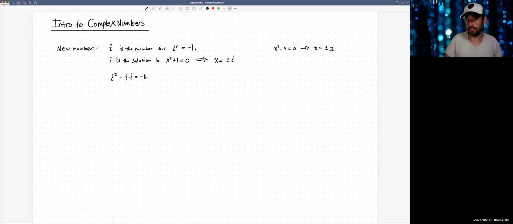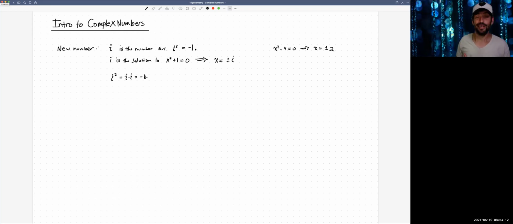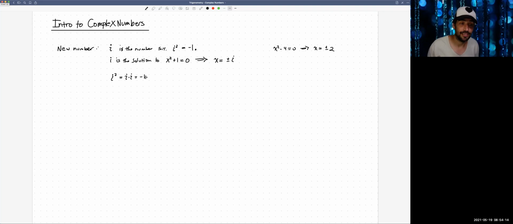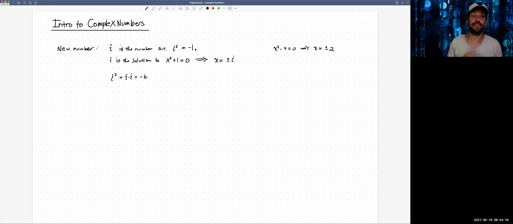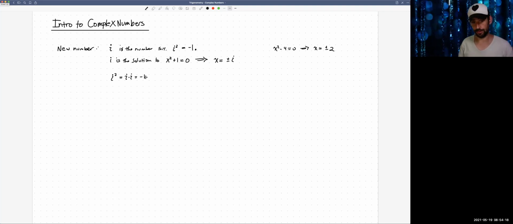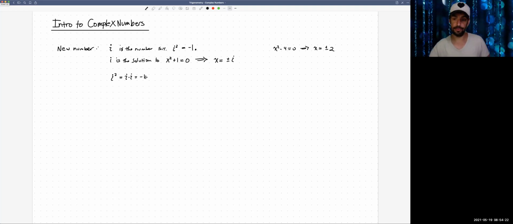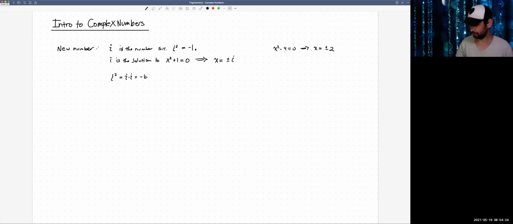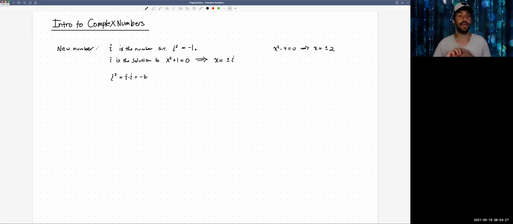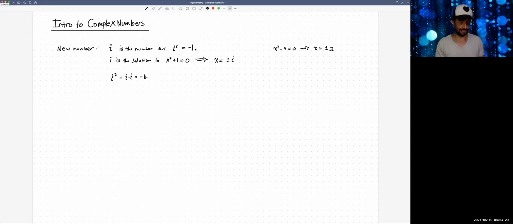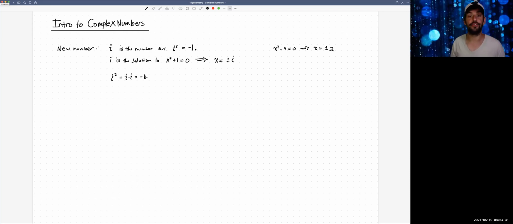Maybe a better question about whether or not we should be able to invent new numbers is, is this new number we invented useful? And it turns out this number is fantastically useful, okay? It takes a while to get to the applications of this. We won't be able to see much of that in this series of lectures, though I'll try to hint at some things. Suffice to say, it shows up in all kinds of applications.